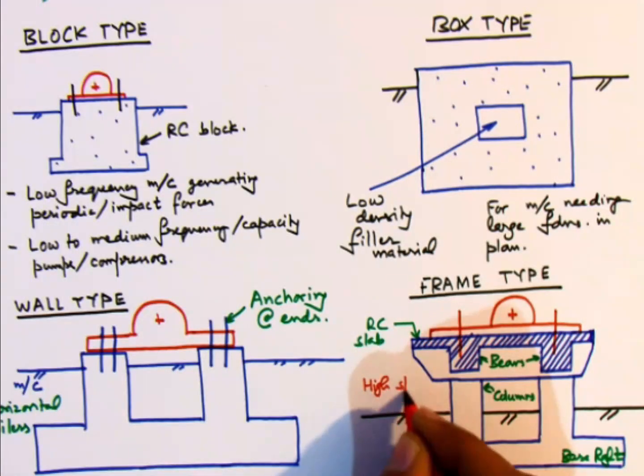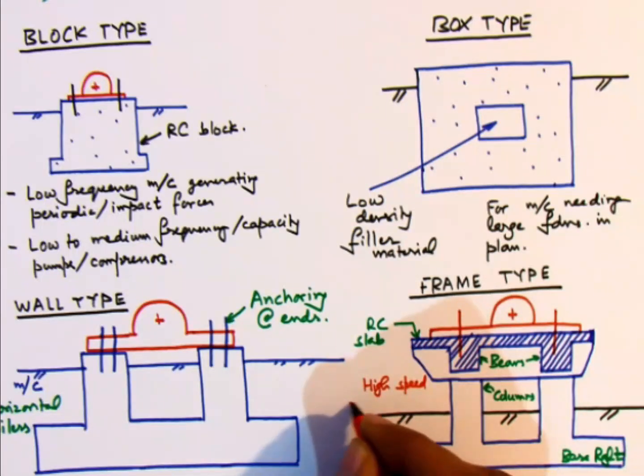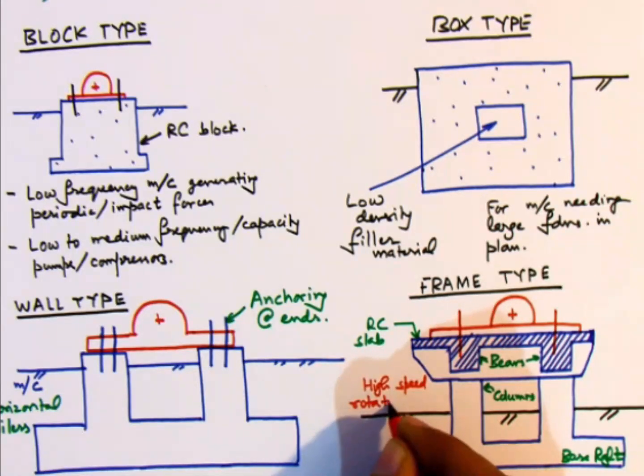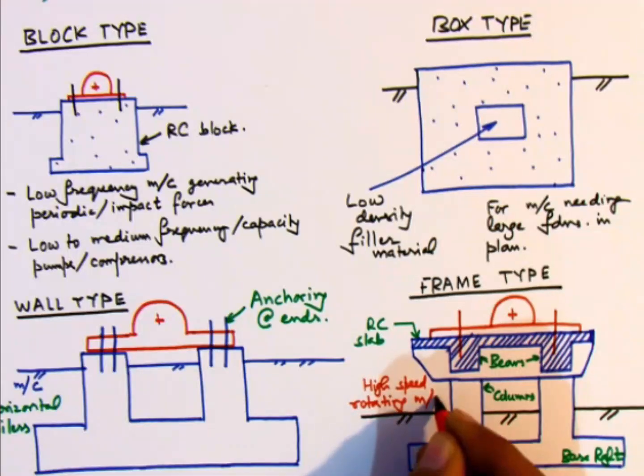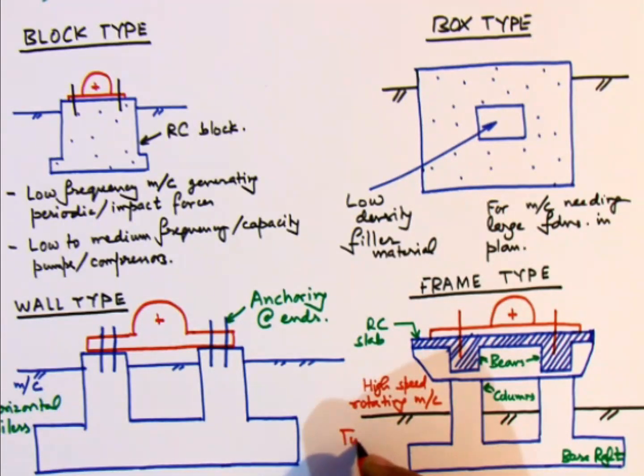These kind of foundations are provided for very high speed rotating machines like turbo generators. Most of the thermal power plants in our country have such kind of machine foundations.